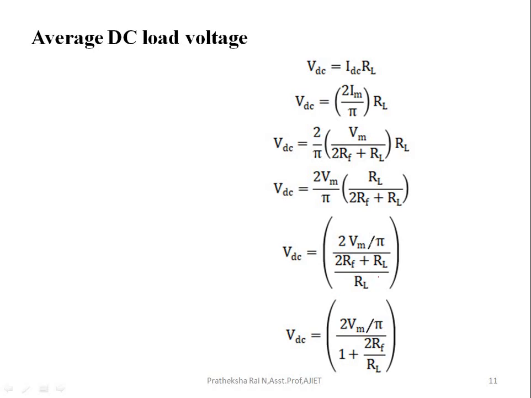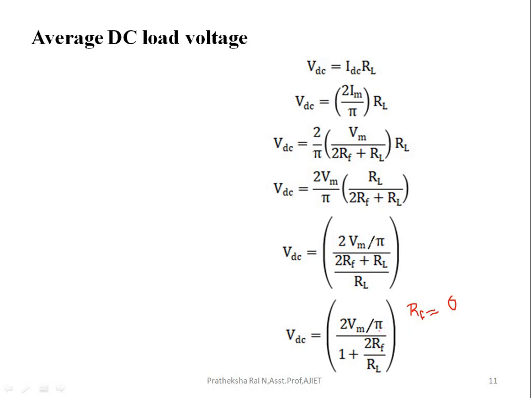If I take it common, then it will be 2 Vm by pi divided by 1 plus 2 Rf by RL. Okay. If it is the ideal condition, then Rf is equal to 0. In that case, what is VDC?